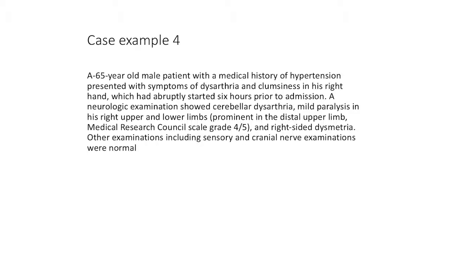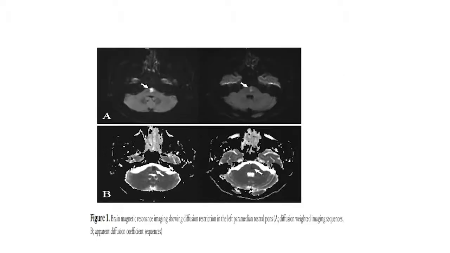I think it's still broadly posterior circulation. But now, that's the MRI, and that's where the lesion is. It's in the paramedian rostral pons.